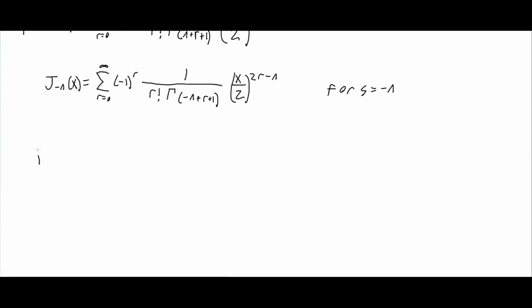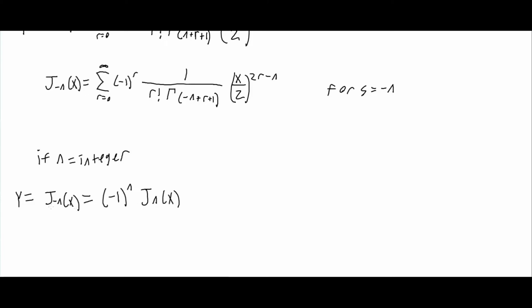So if n equals an integer, then our solution to the differential equation, which was our y, is equal to either J to the minus n of x, which is equal to minus 1 to the n of Jn of x.